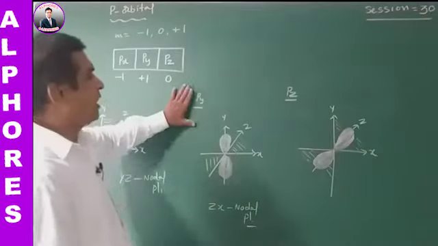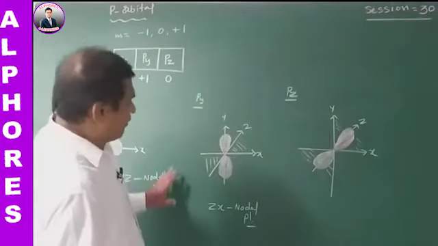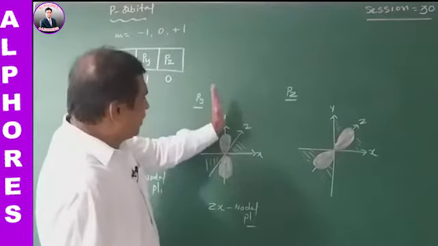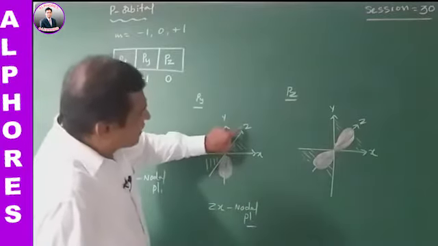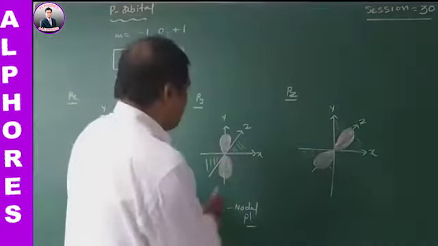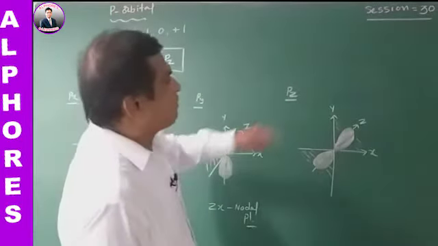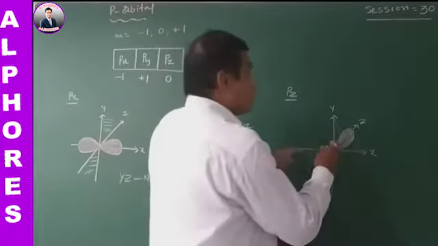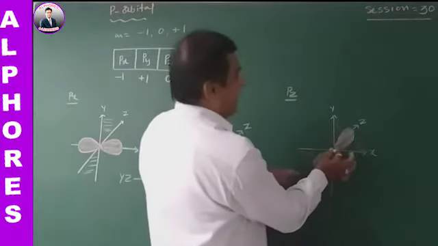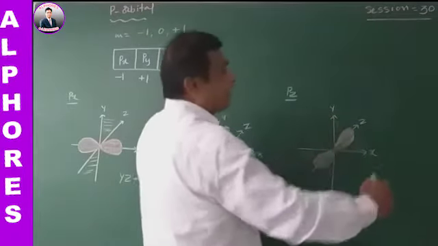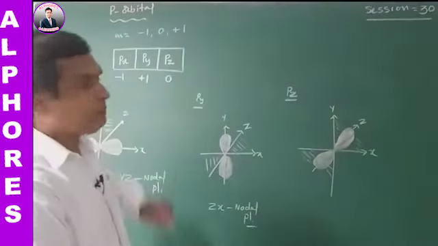In the py orbital, the 2 lobes are oriented along the y-axis, so the zx plane is the nodal plane. For the pz orbital, the 2 lobes are oriented along the z-axis, so the xy plane is the nodal plane.